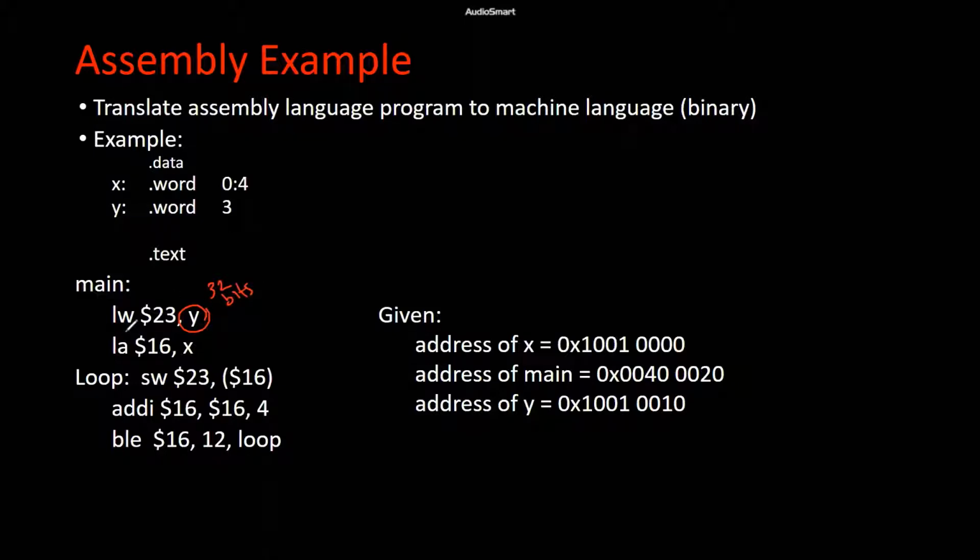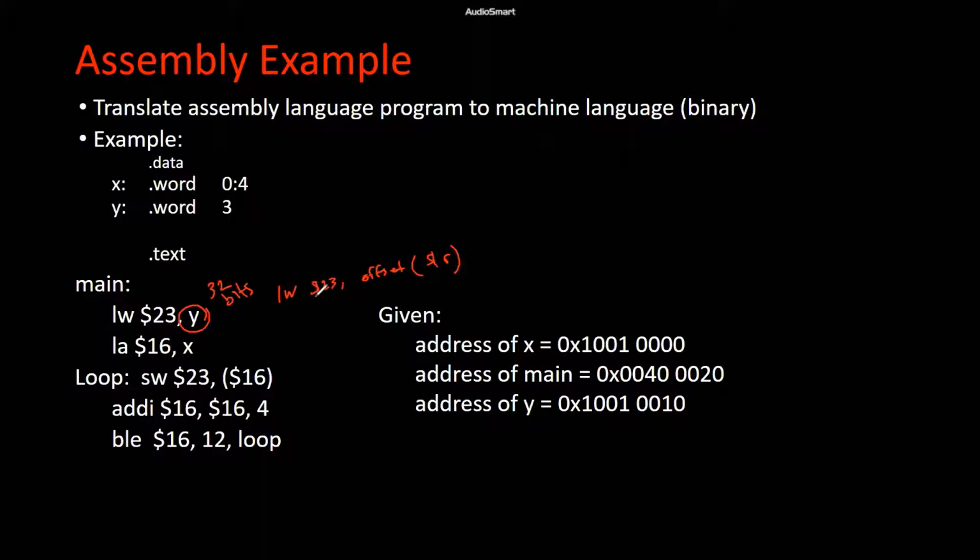So how that works, we have to use a different form of load word, which has, let's say, our register 23, and we are using some offset and then another register.